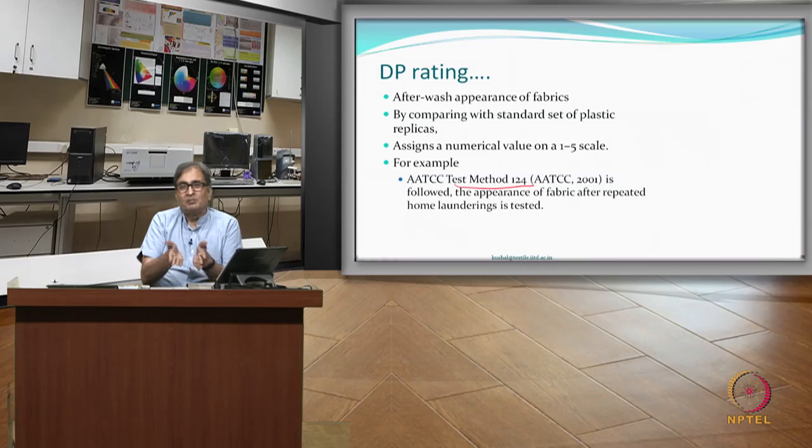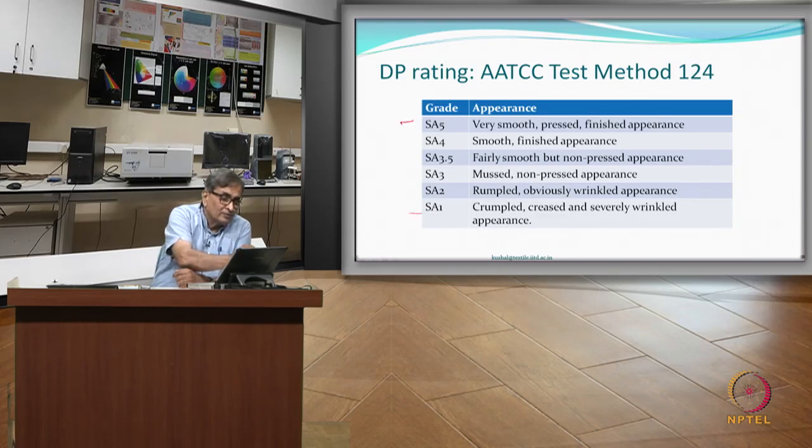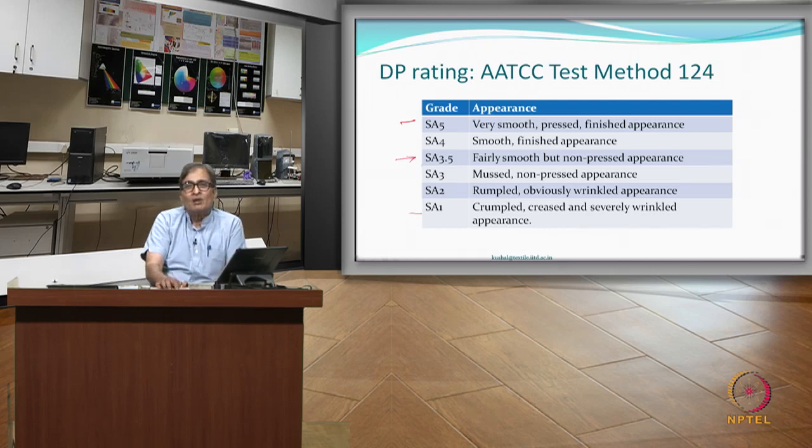Then after that you compare with the standard replicas. This test method therefore talks about standard from 1 to 5, but in between they have also put another value, 3.5. So, you follow.